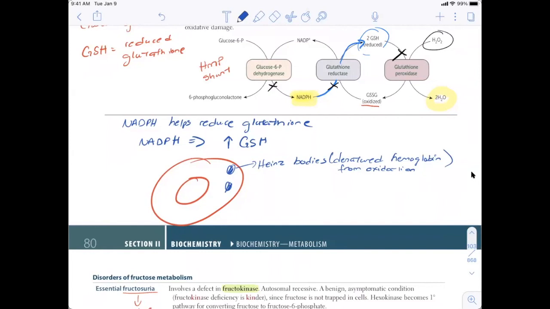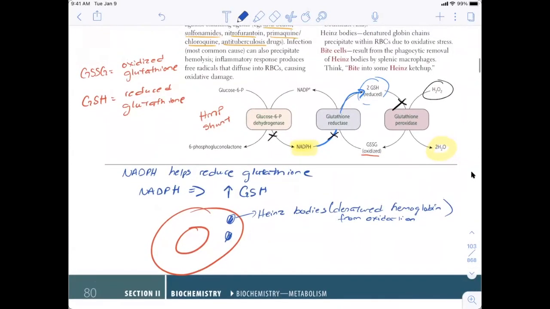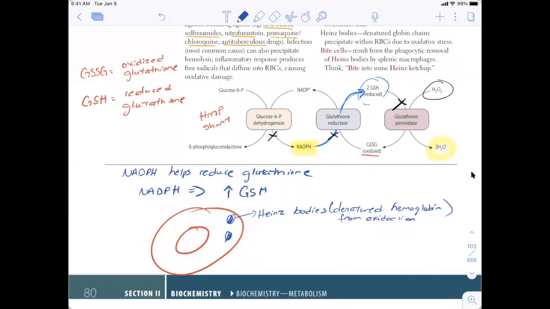But it doesn't end there. The problem with Heinz bodies is your splenic macrophages don't like them. Okay. So, or you can say they like them, right? You can look at it like Heinz ketchup, all right? And your splenic macrophages like them. So what do the splenic macrophages do?